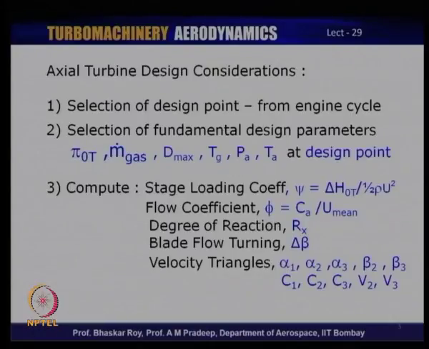And then of course, the ambient pressure and ambient temperature, which is decided by the flight condition, or if it is a land based gas turbine, decided by the ambient condition at which this engine is going to be operated. Now, this together constitutes the design point.